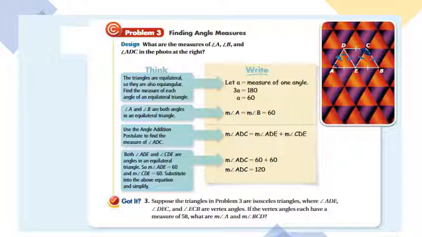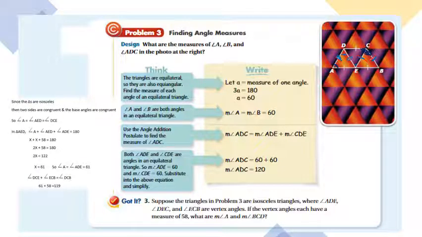So after using the sum of the angles in a triangle equals 180, we will write x plus x plus 58 equals 180. That gives 2x plus 58 equals 180.